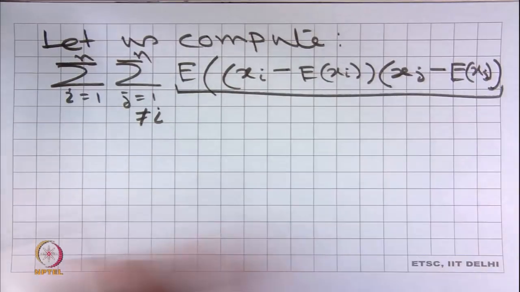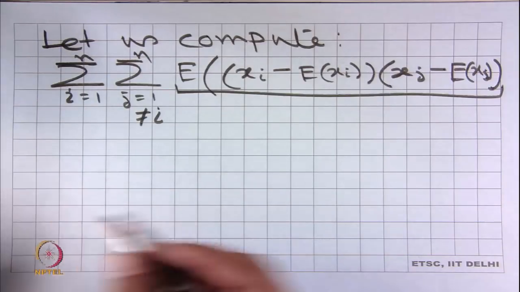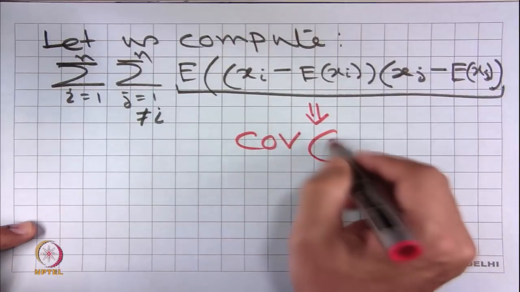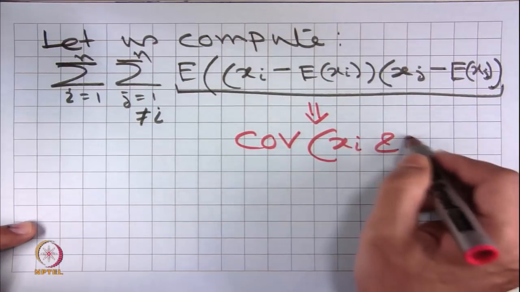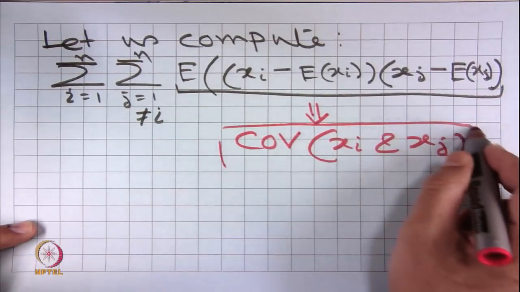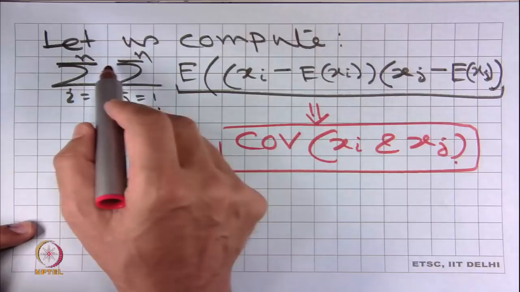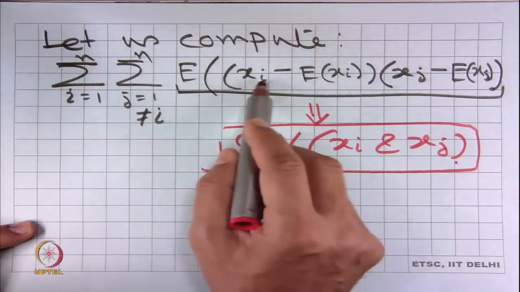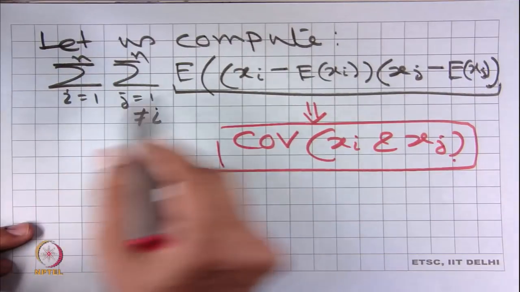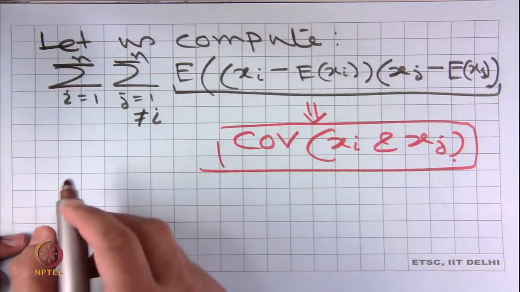Now, what is this term? This is nothing but the covariance between xi and xj. So, in effect, we are summing the covariance between xi and xj, and how many such pairs are possible?